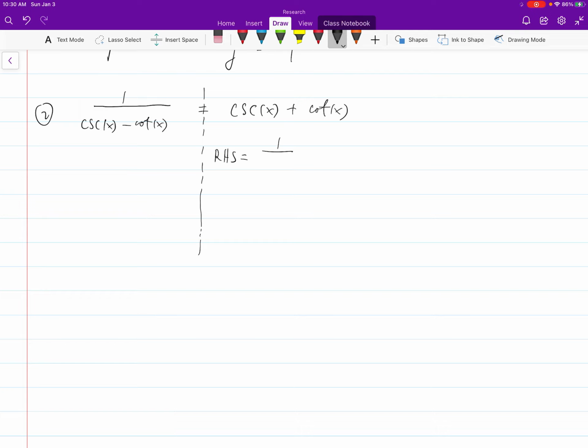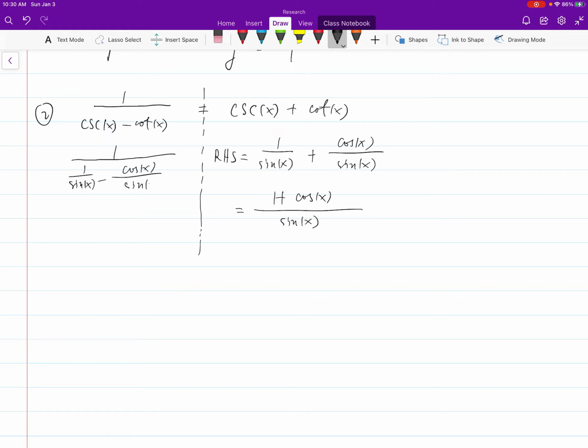So now, I'm really not good at cosecant and cotangent, so maybe it's just me. I can change it to sine, cosine. Which is pretty nice. They have the same denominator. So we are here. We can go further, but the problem here is we don't know which way we want to go. But then you realize, wait a second, I need to get some hint from the left also.